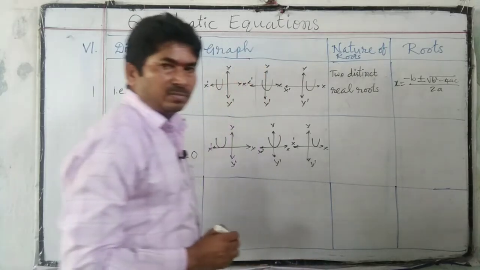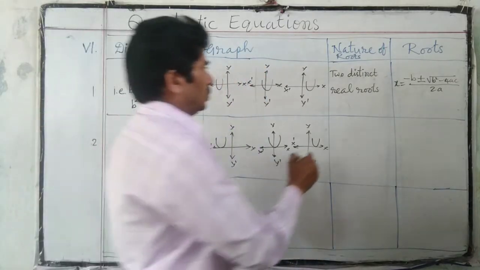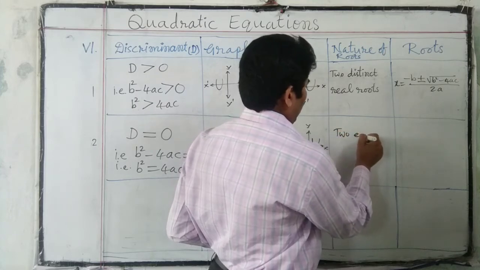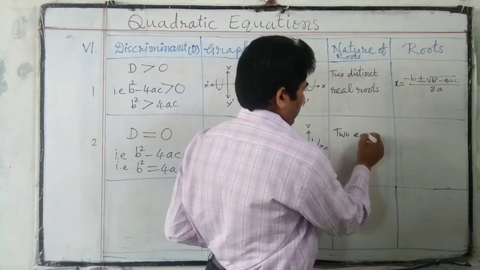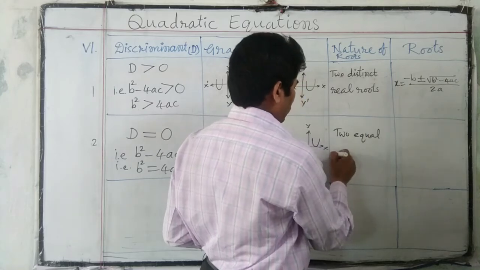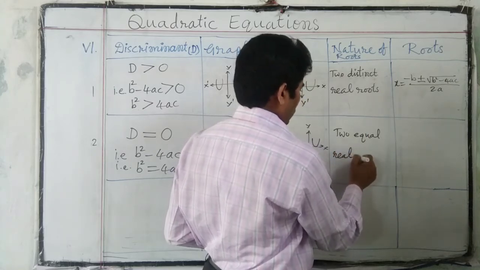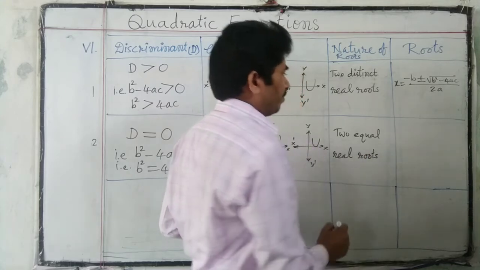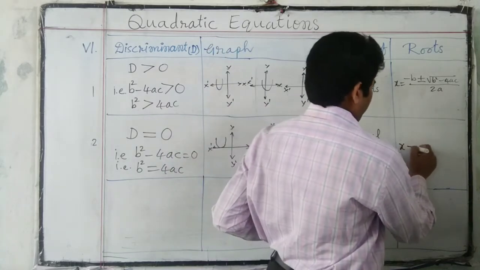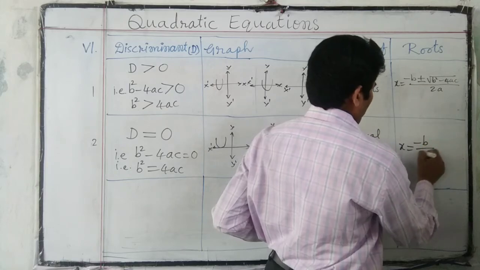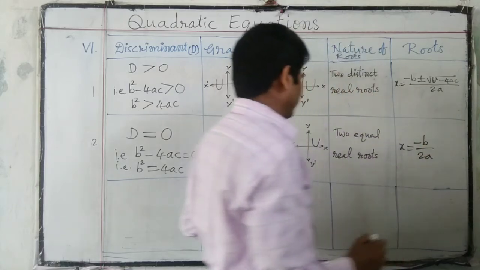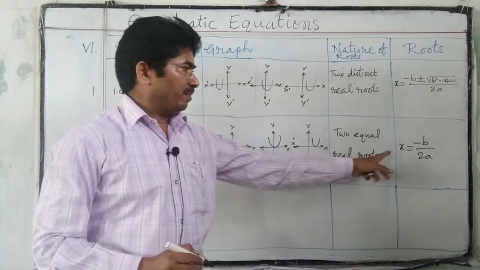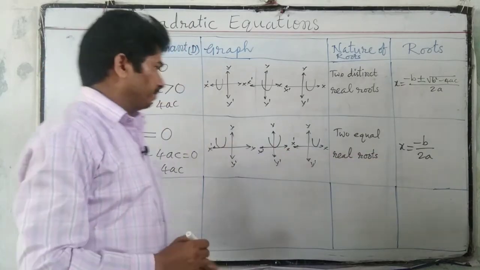Nature of roots: two equal real roots. That is x is equal to minus b by 2a. The two roots are equal, that is minus b by 2a.